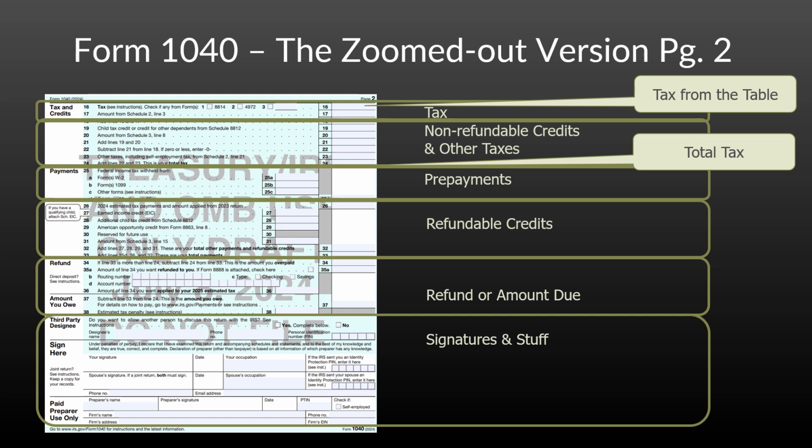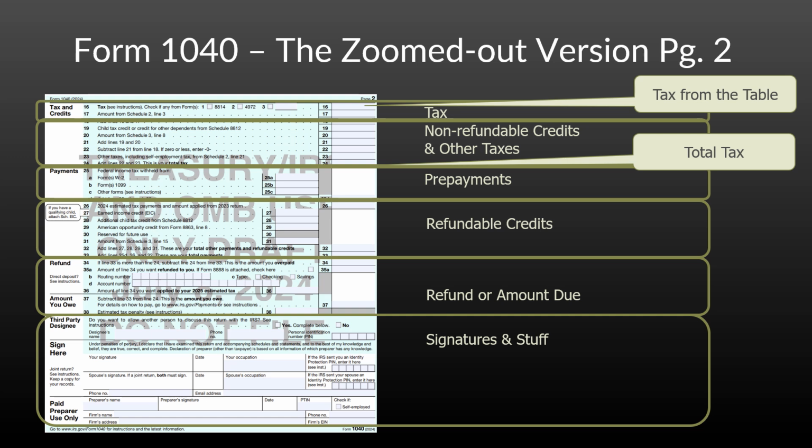So after all of these calculations, you've figured out your total tax, and you've subtracted the prepayments that you made, and you've subtracted the refundable credits, and you might be getting a refund, or you might owe some tax at the end of the year and need to pay.